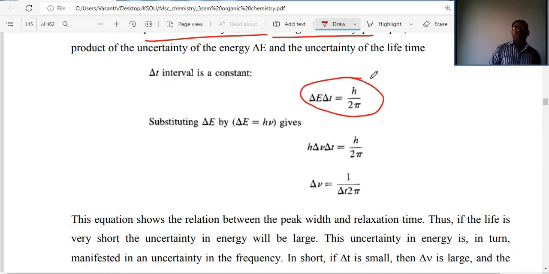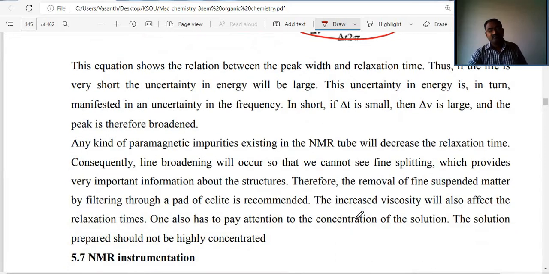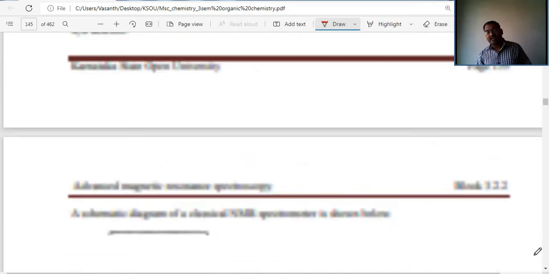Delta E times delta T equals h/2π. Substituting delta E equal to h times delta ν, finally delta ν equals 1/4πT. This equation shows the relationship between peak width and relaxation time.